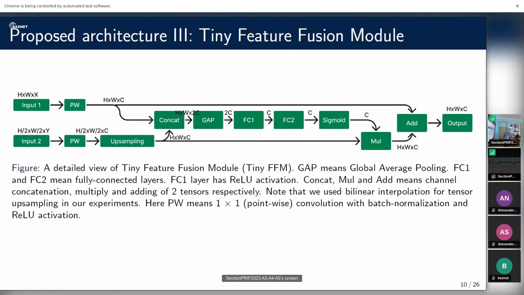Next, for the tiny feature fusion model, I use a squeeze excitation block, but before the squeeze excitation operation, I do point-wise convolutions to reduce the amount of channels, because LCNet uses a very large amount of channels for low resolution, and without these point-wise convolutions, these operations will not be so cheap.